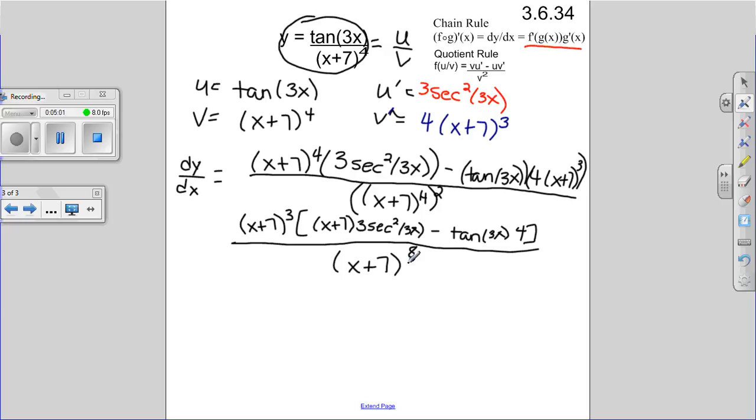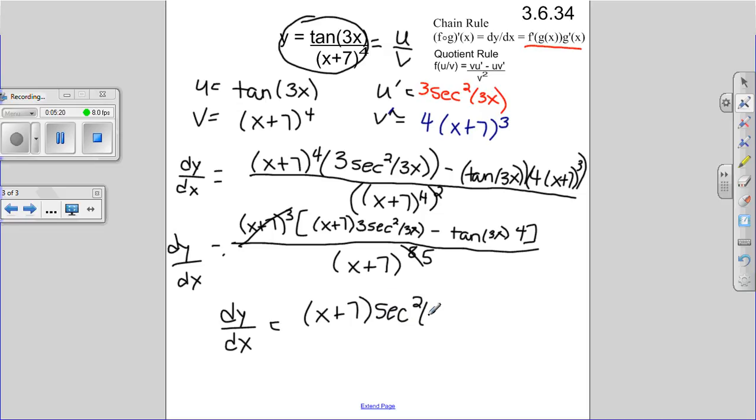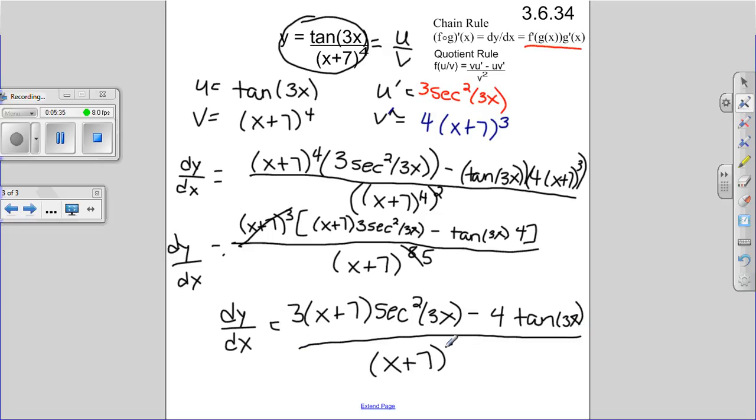So now we can factor this out, and this is going to reduce to a 5, and we'll be left with dy dx is equal to (x plus 7) times 3 secant squared 3x, I'm just going to put that in the front, minus 4 tangent 3x, all over (x plus 7) to the 5th.